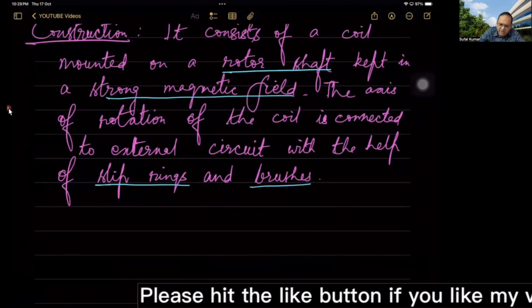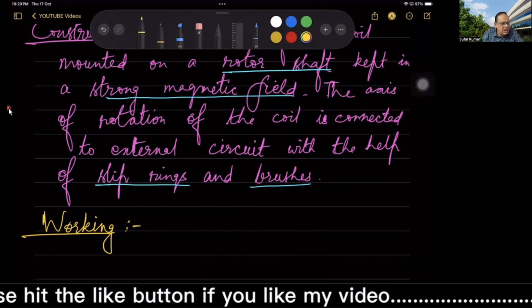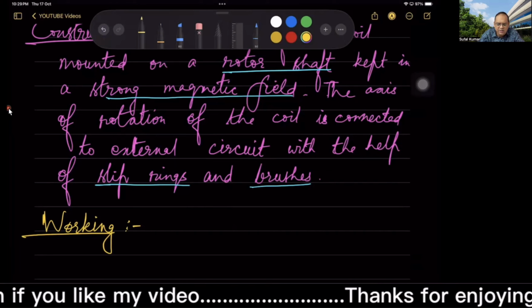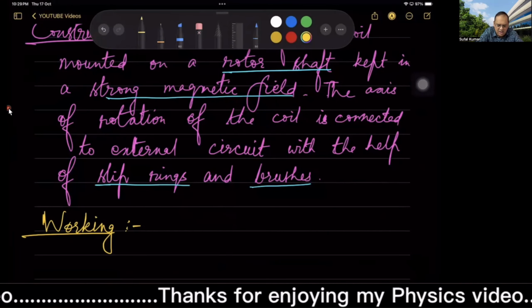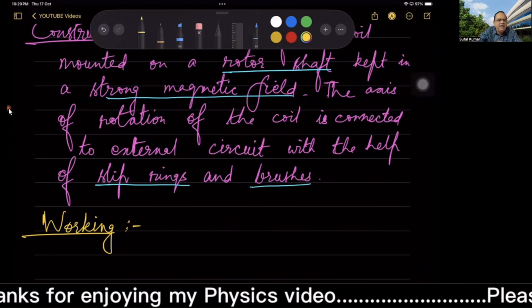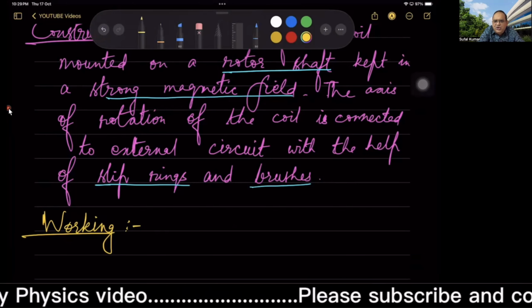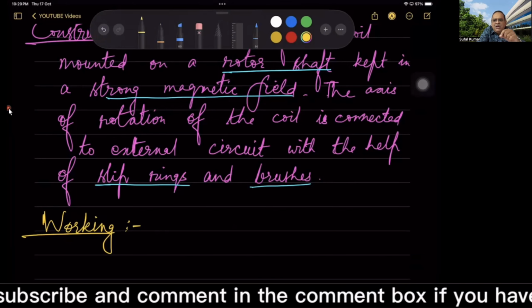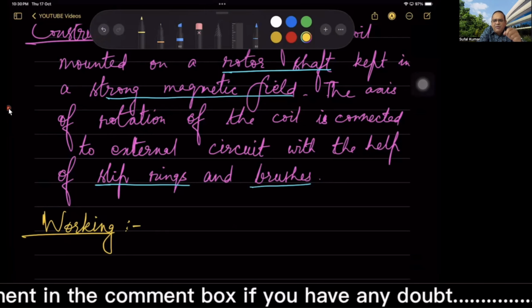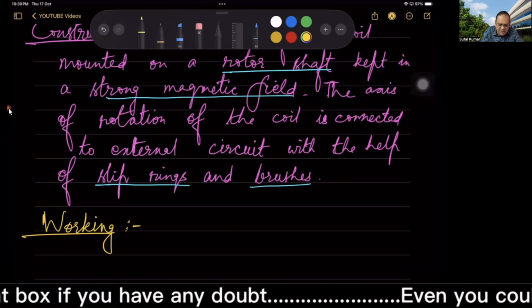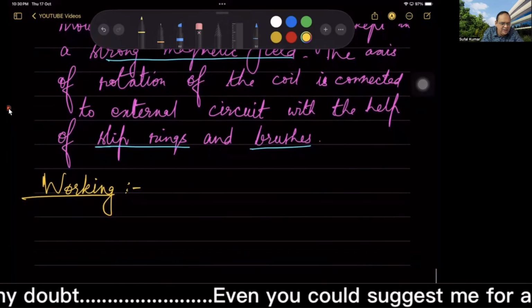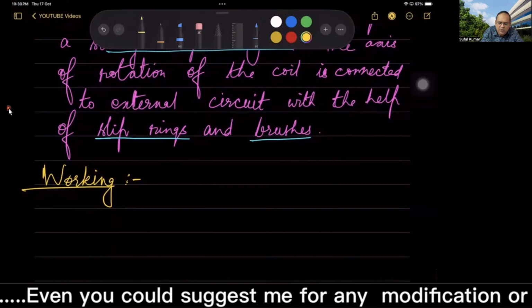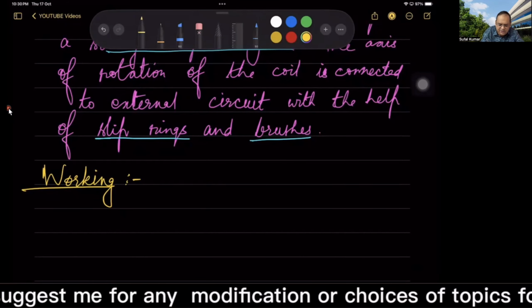Here comes the working. I'll try to cut it short, very briefly. Basically, I intend to write the expression for the peak value of induced EMF. For that purpose, I need a few lines of mathematical discussion.